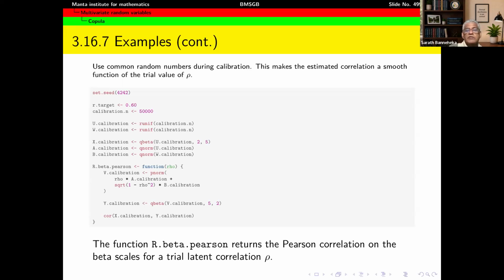So what I will do is solve the equation R beta Pearson of rho, which gives the correlation between this and that, equal to 0.6. That function is a function of rho, and R beta Pearson of rho minus 0.6 equal to 0 is the equation that I have to solve to find the suitable rho value.